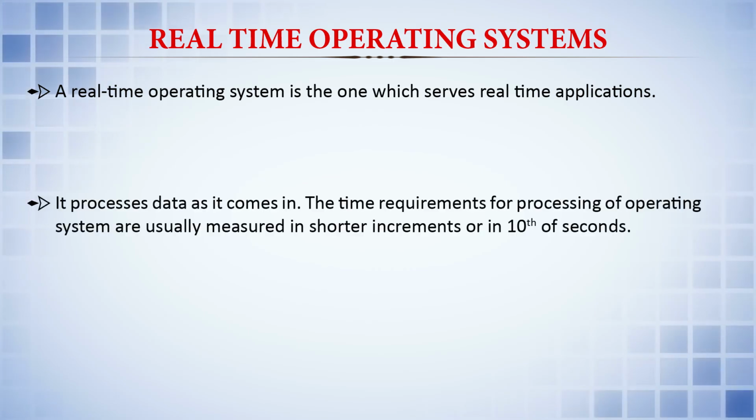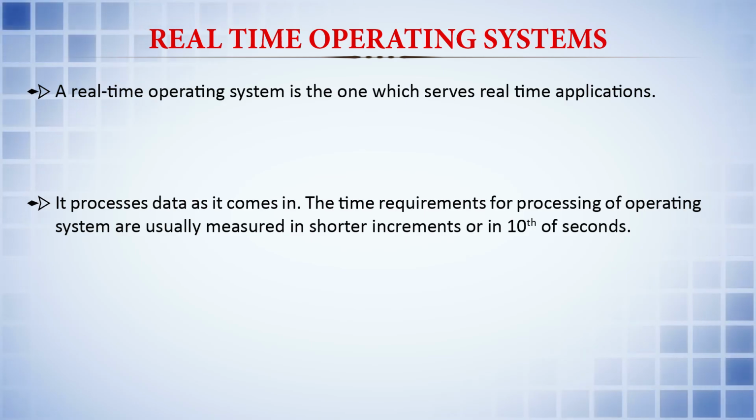It processes data as it comes in. The time requirements for processing of the operating system are usually measured in shorter increments or in tenths of seconds. So, you can see here, whenever the monitoring is happening in shorter increments or in tenths of seconds, obviously the reactive operations will be happening.